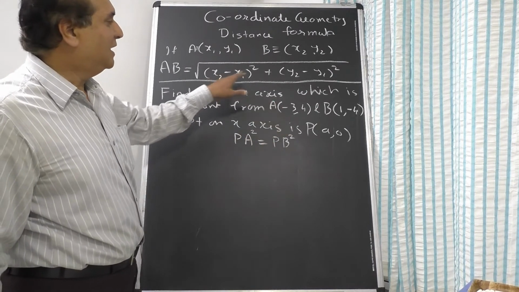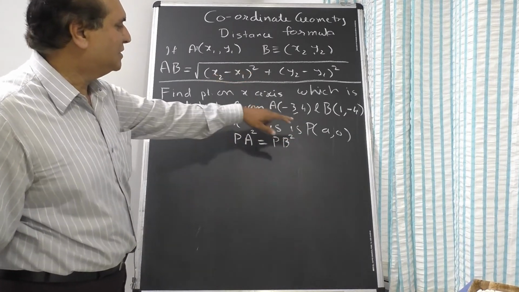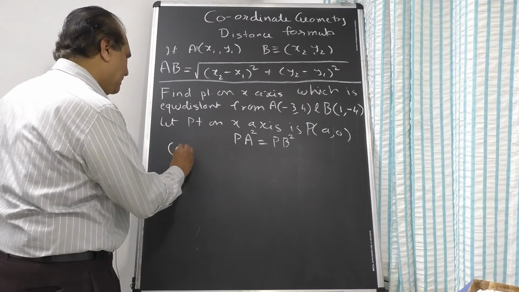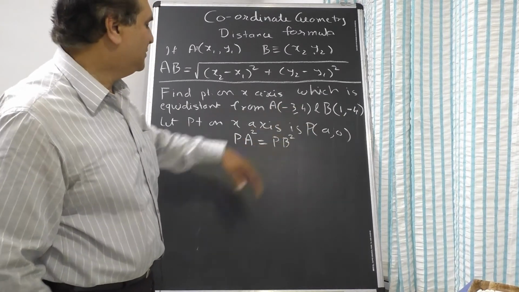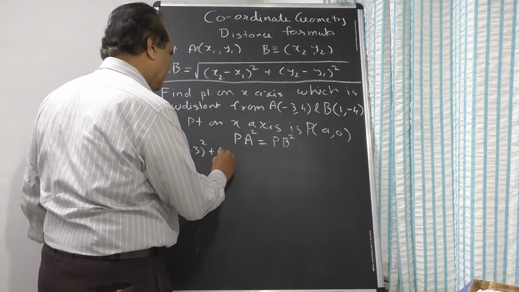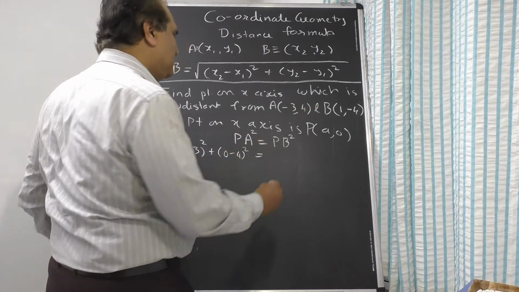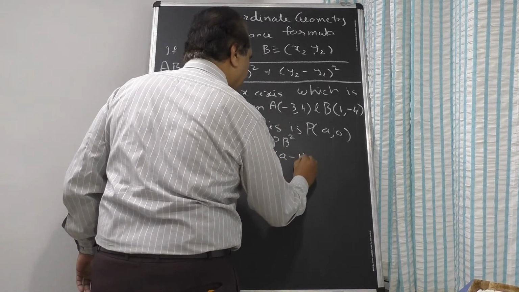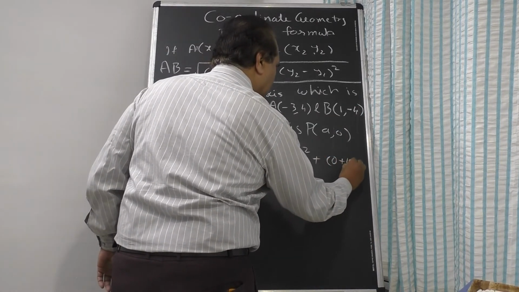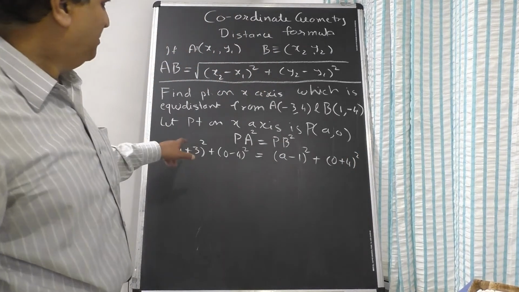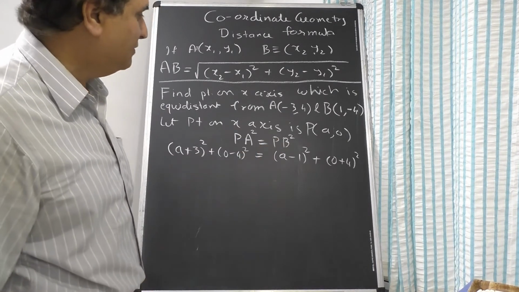We will now directly write the formula. PA square means (x2 - x1) square plus (y2 - y1) square: (a + 3) square plus (0 - 4), that is minus 4, square, equal to PB square, which is (a - 1) square plus (0 - 4), that is 0 plus 4, square.